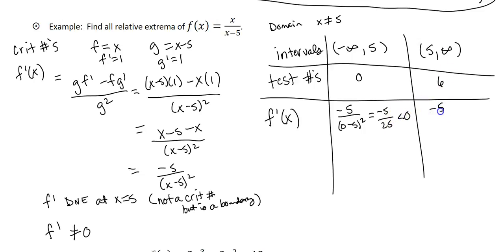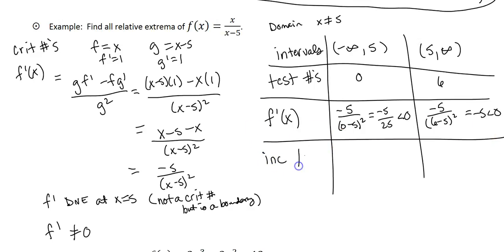And here you'd have negative 5 over 6 minus 5 squared, or negative 5, which is also negative. So you can see that on this side it is decreasing, and on this side it is decreasing. So this is not a relative min or max. So in this case, there are no relative extrema.